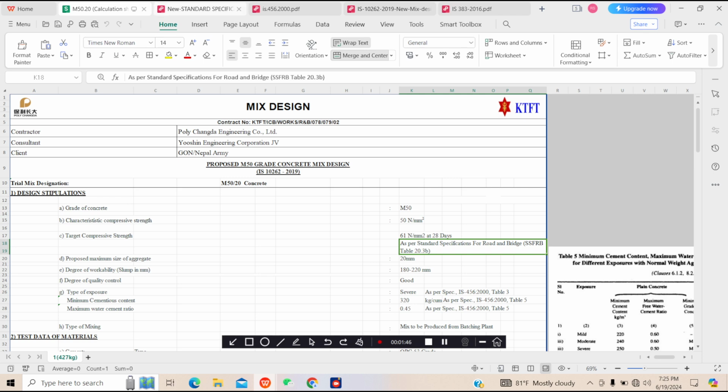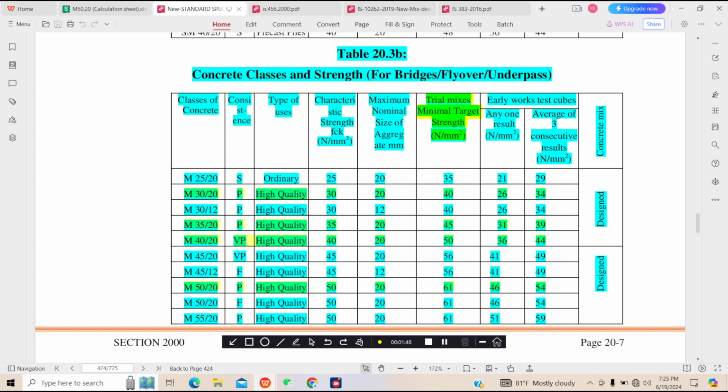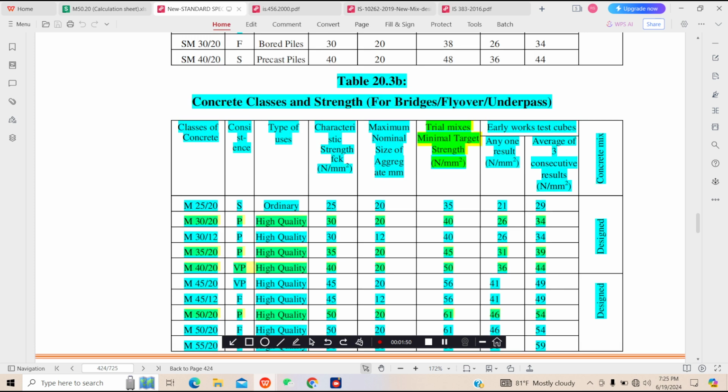Here I will show you the code book. Yeah, here we can see the concrete class and strength for bridge, flyover and underpass. Here the M50 grade of concrete, which I'm going to explain, is used for the bridges.